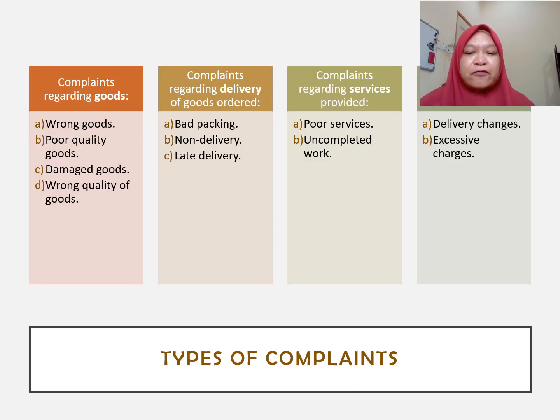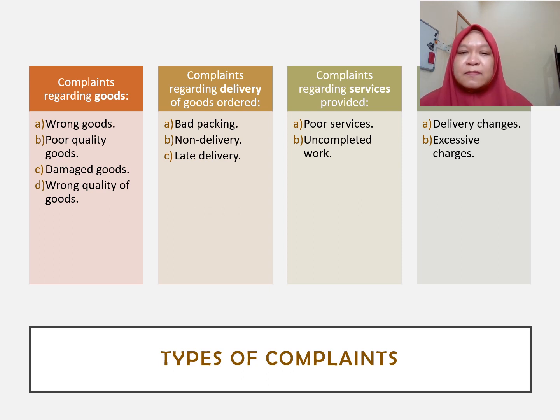We have four types of complaints. Regarding goods: maybe the goods are wrong, of poor quality, damaged already, or the wrong quality. Number two is complaints regarding delivery of goods ordered: bad packaging, non-delivery or late delivery.